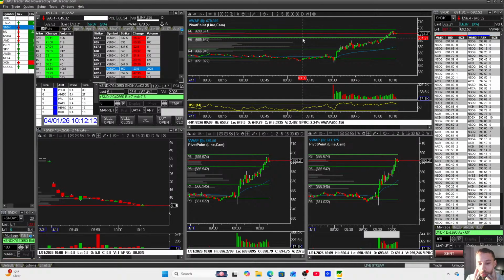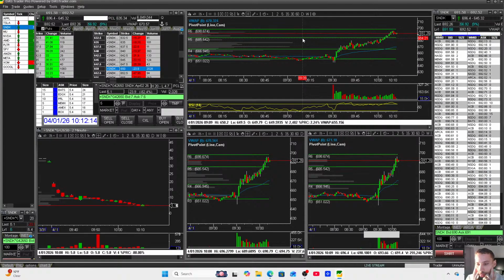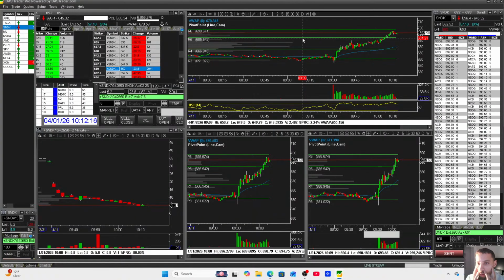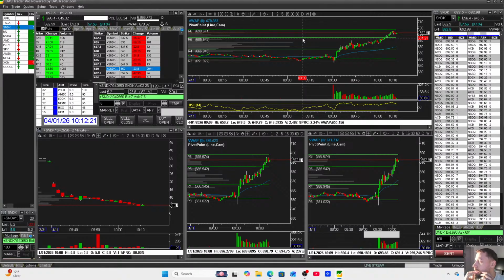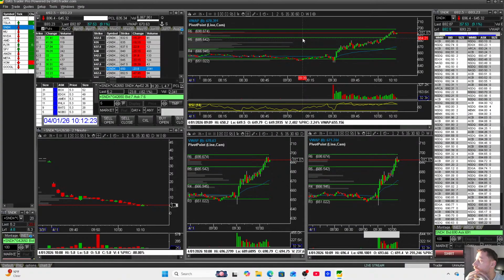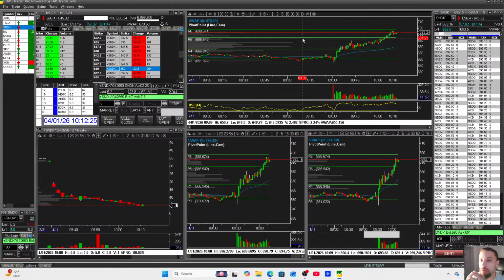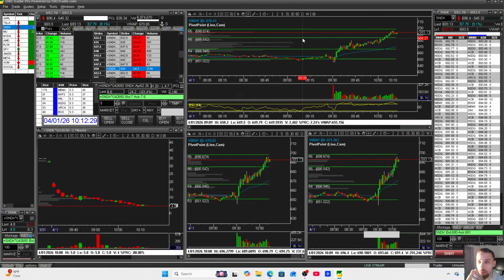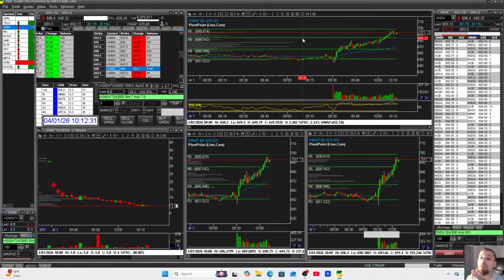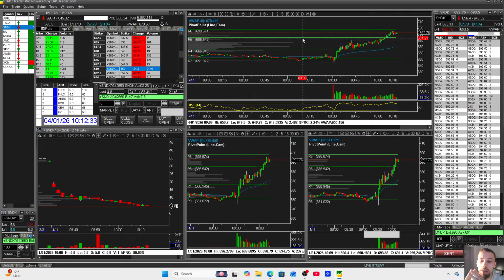We'll see. This needs to be obvious for me to take this trade. I need to be more picky. I need it to just be obvious. AMD was obvious for that move and we didn't manage it properly. So if this one works out, we are going to manage it properly.